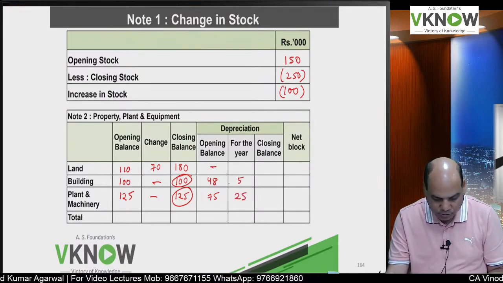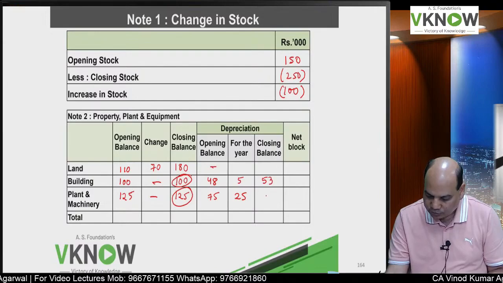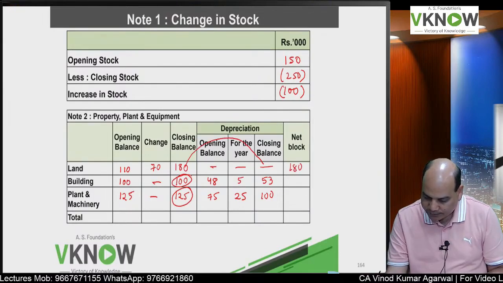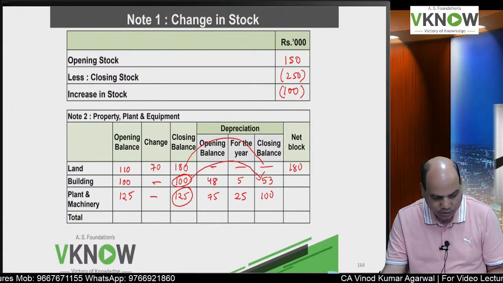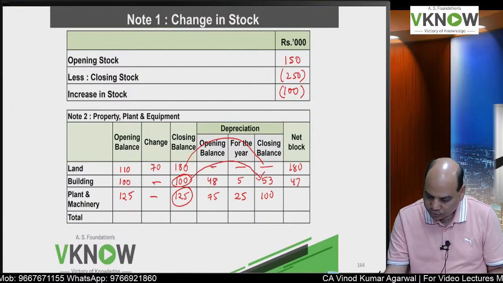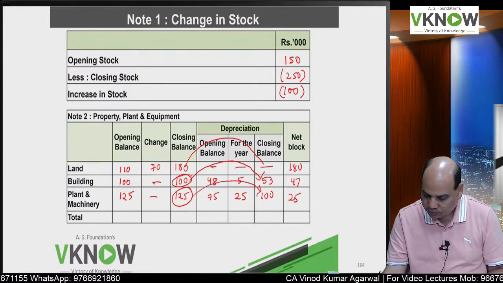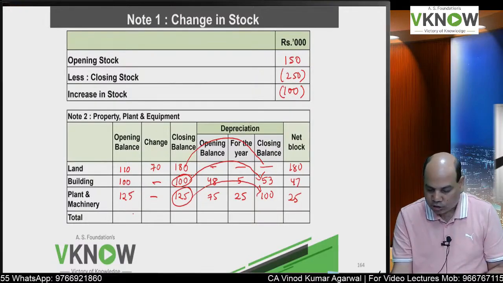So closing depreciation will be 48 plus 5, 75 plus 25. Net block will be 180 minus 0, 180, 100 minus 53, 125 minus 100, 25.